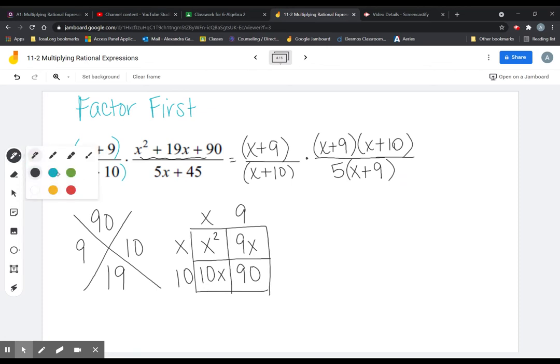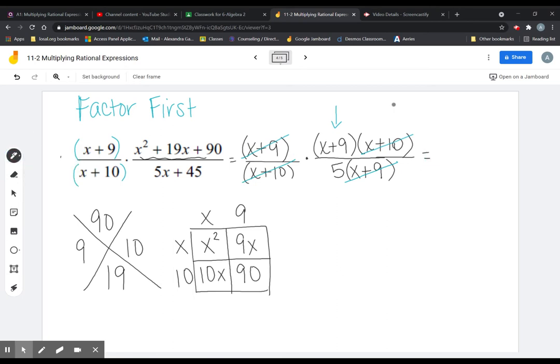And now I'm canceling, so I'm moving from left to right. X plus 9 can only cancel with the x plus 9 in the denominator, not the one right next to it in the numerator. I can only go canceling top to bottom. And then x plus 9 doesn't have another x plus 9, so this one has to stay, because there isn't another x plus 9 that cancels, but there is an x plus 10 that cancels with an x plus 10.